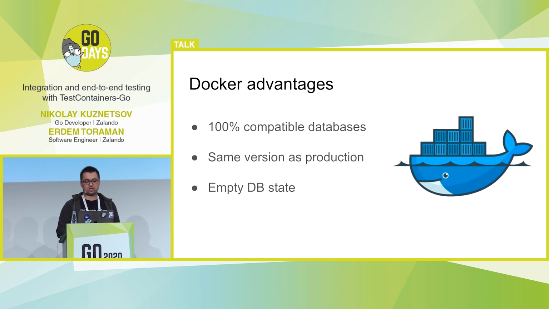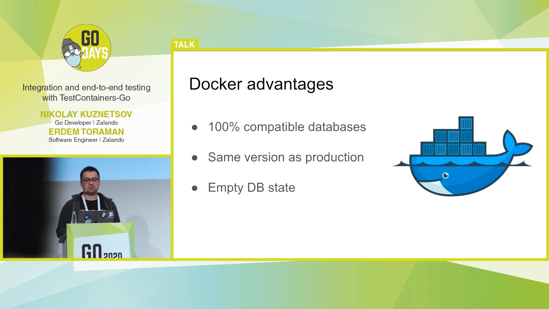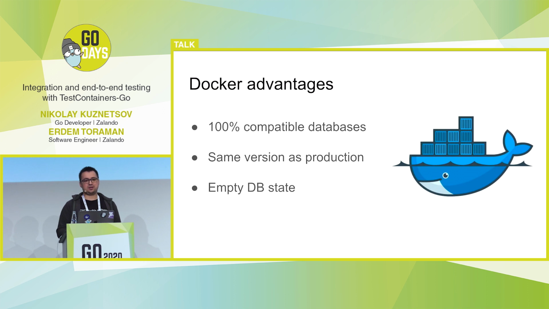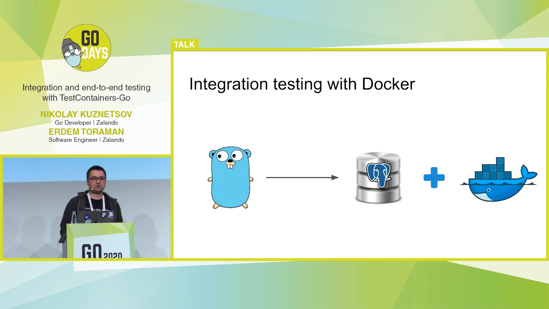It's very convenient and more reliable, and you can always expect the database state to be empty when you start a new container, so your test won't fail because of other data, maybe some corrupted data left in the database. So eventually we want to test some Go service and its interaction with Postgres, and Postgres runs inside a Docker container.